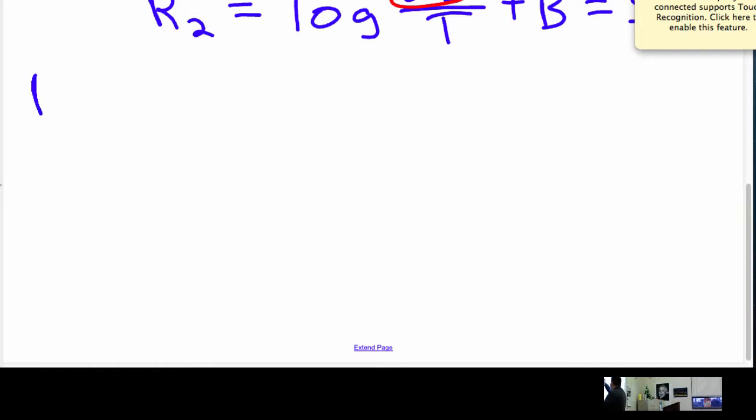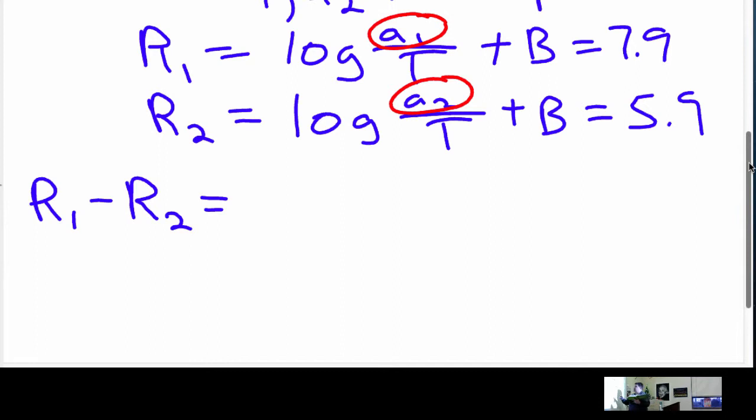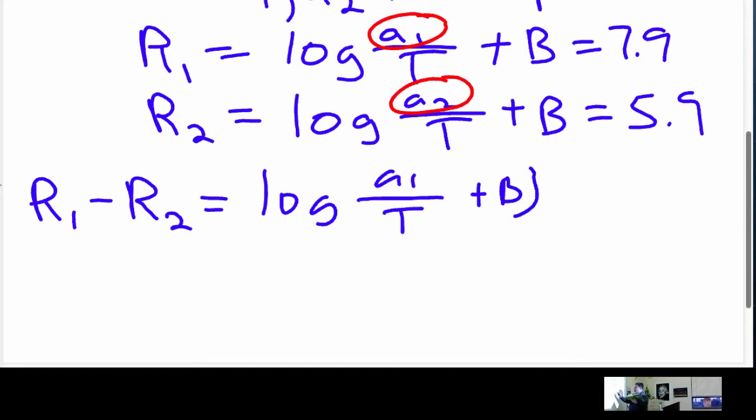So if I say R sub 1 minus R sub 2, just to find the difference of the two, and then I plug in these equations, right? Well, that's going to be log A sub 1 over t plus b, minus log A sub 2 over t plus b.